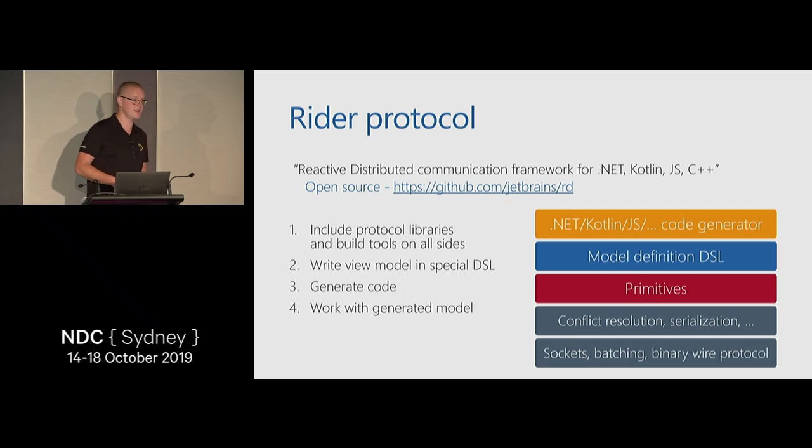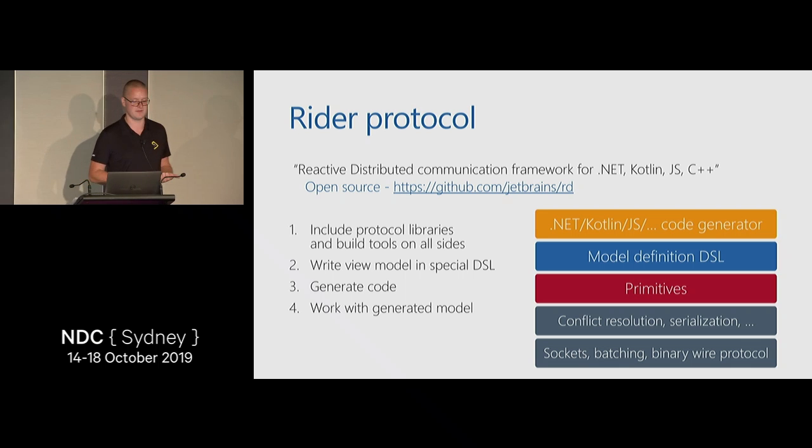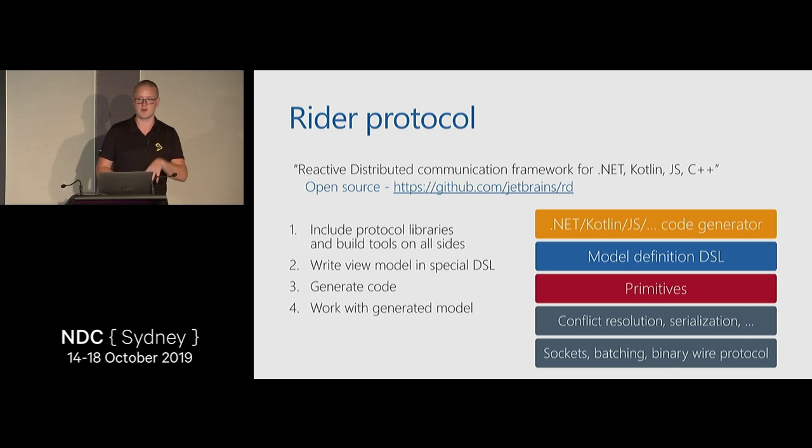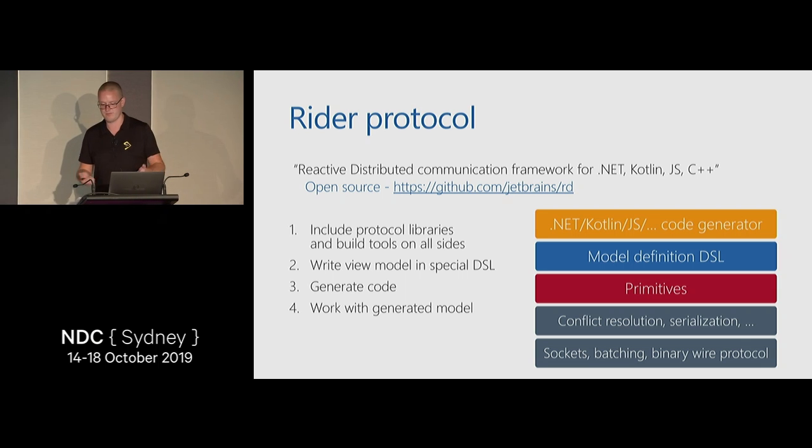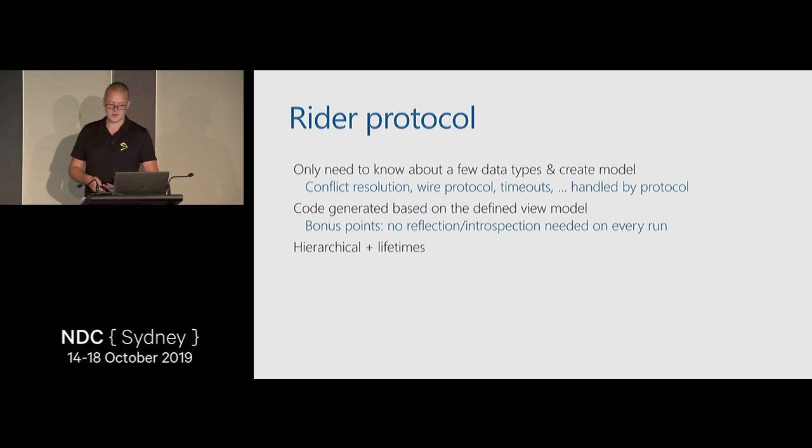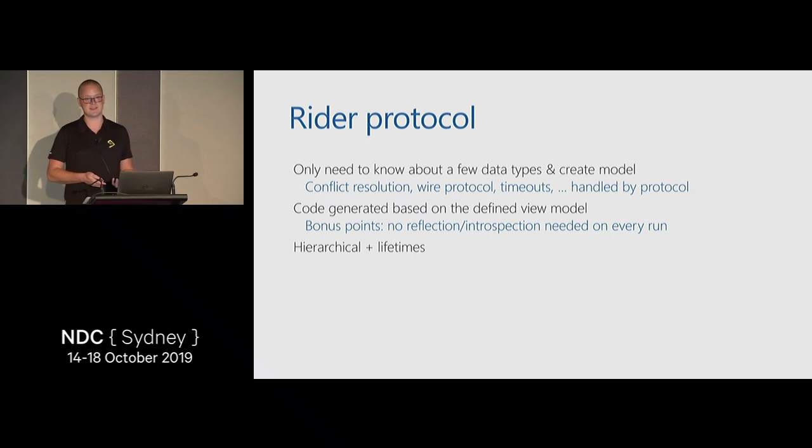The way it works is it's socket-based. That's a very important one. So the protocol could work over a network, could work over named pipe, could work basically on every kind of wire protocol you want to plug underneath. Right. So we only have to know about those data types and creating that model. We get the code generated and so on.